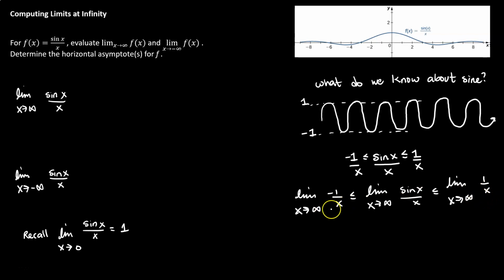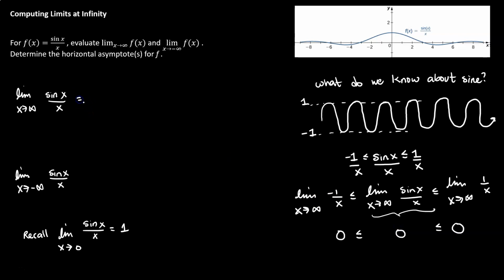Well, now we do have x in the denominator with a constant on top, so as x gets infinitely large, the limit of -1 over x goes to 0. And for +1 over x, we have the same argument, which means by the Squeeze Theorem, the limit of what is in between those two things also has to be equal to 0.